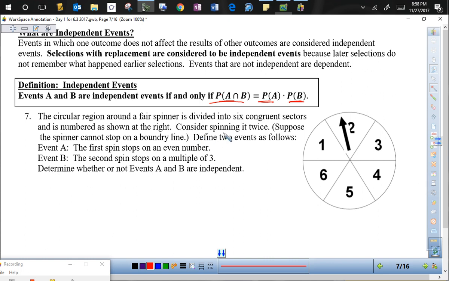It says consider spinning it twice. Define these two events. Event A is the first spin stops on an even number. Event B is the second spin stops on a multiple of 3. So we're going to look at each of those. We'll find first just the probability of each of the events. The probability of the first event happening, the first spin stops on an even number: if you spin it, the probability of even is 3 out of 6, or 1/2.